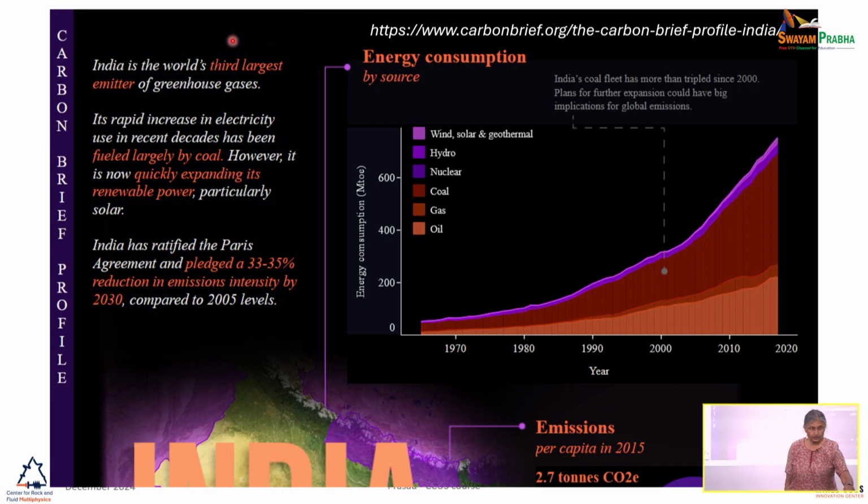What caught my attention was this statement right up top: India is the world's third largest emitter of greenhouse gases. Now, the last 3 days we've been talking about this and we didn't get to this point at all. So I started digging a little bit more into data. I'm sorry I got a little bit sidetracked, but I think this is really interesting and key to how we look at data.